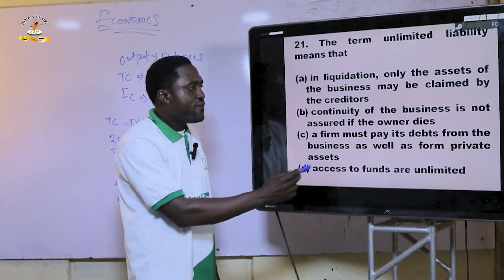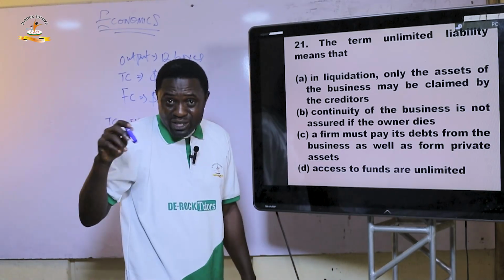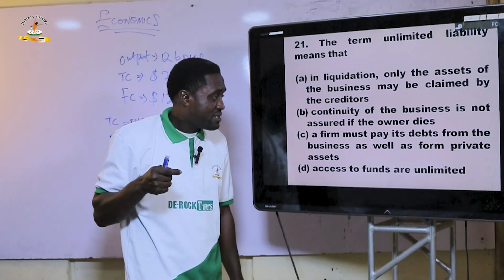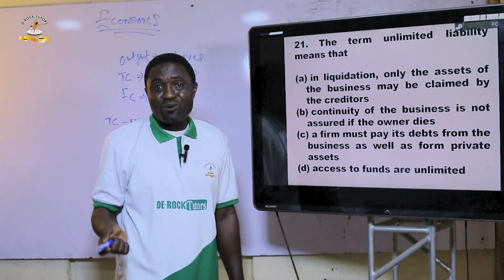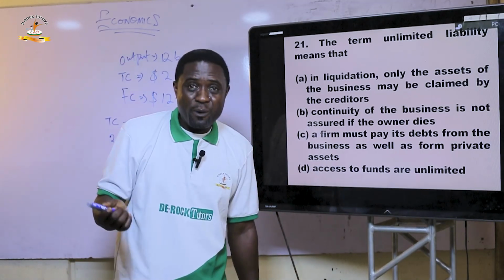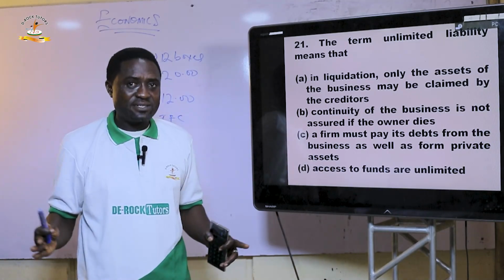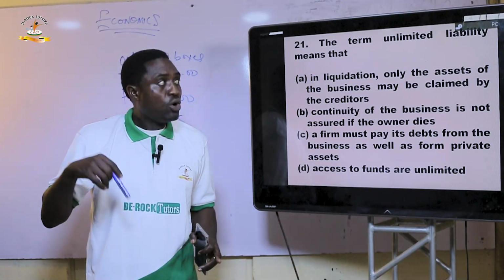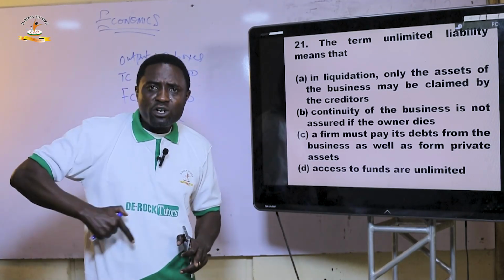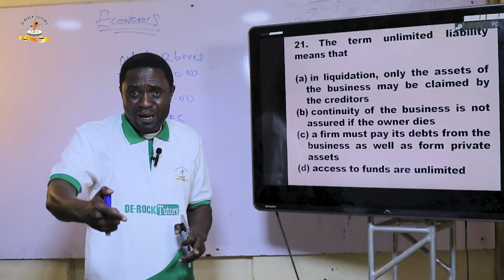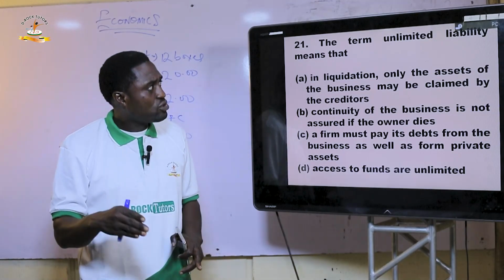No. Whatever you are contributing to the business, if you lose it, as well as from private assets, no matter what, it will result in you selling the properties to be out of debt and embarrassment and the likes. That's what is called unlimited liability. So it will go beyond the personal money you have contributed into that business and enter your personal assets.